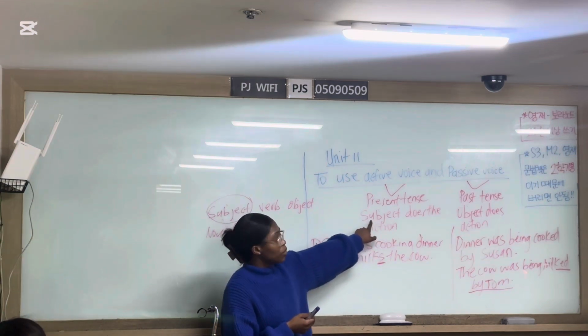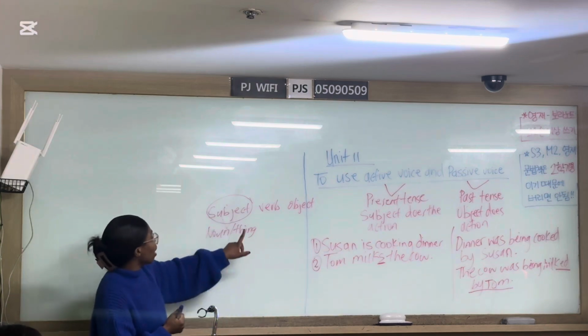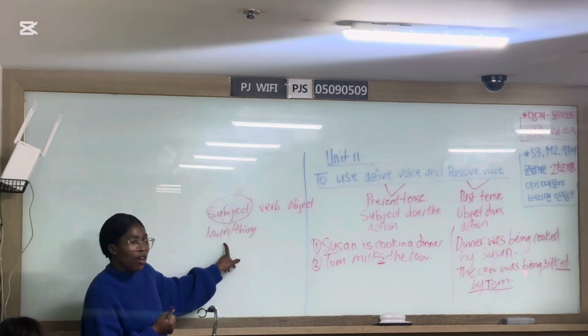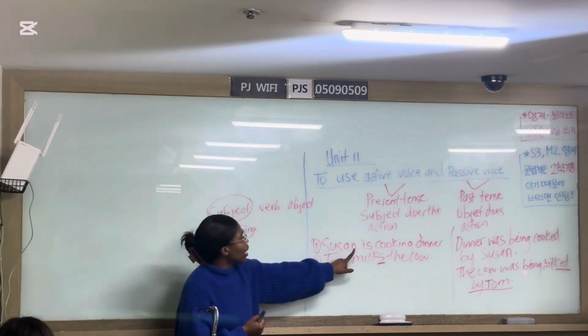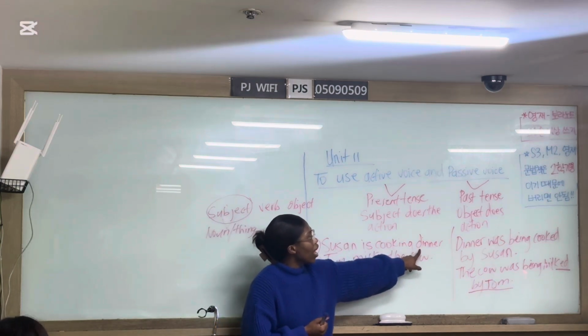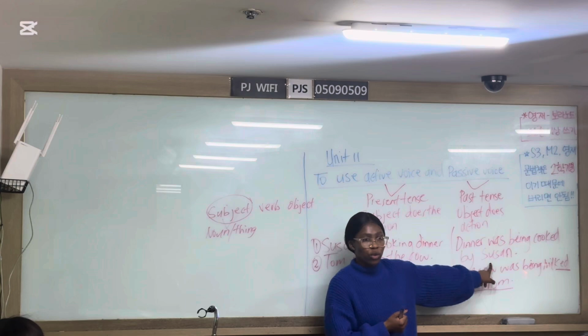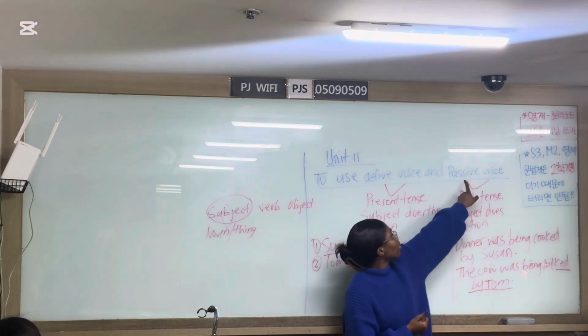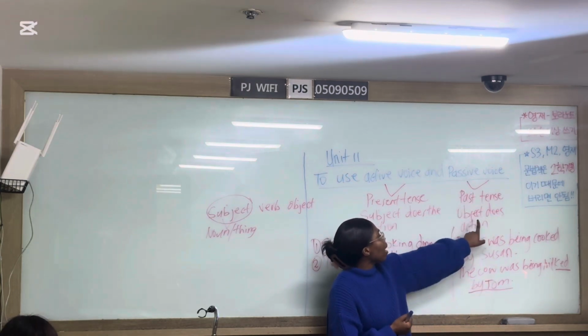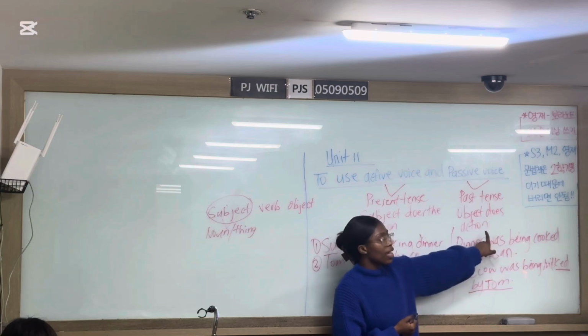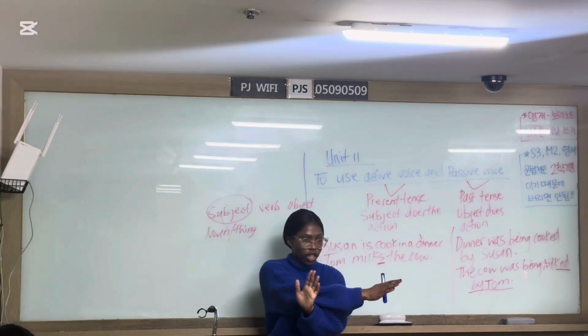And then the subject, remember, a subject is a noun. So Susan is cooking dinner changes to dinner was being cooked by Susan. Because passive voice uses past tense and the object is doing the action, so we change it.